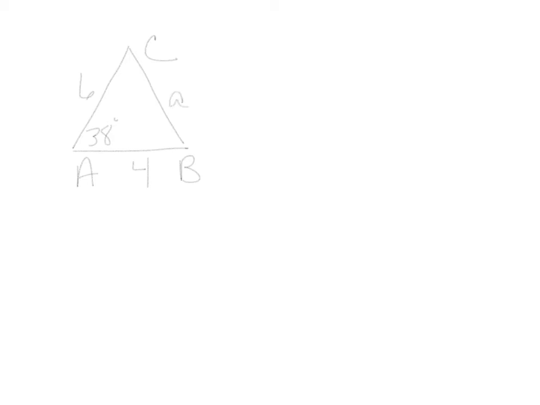We want to find side A. So what we'll do is begin with the side we are looking for, A. Write our equation. That would tell us to use the 4 and the 6. So 4 squared plus 6 squared minus 2 times 4 times 6 times cosine 38.